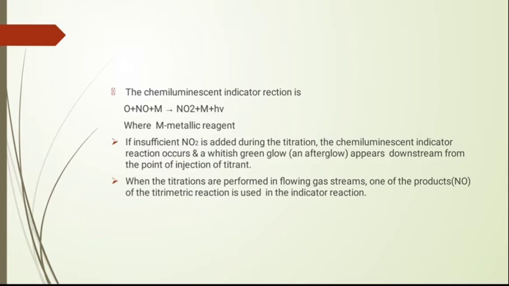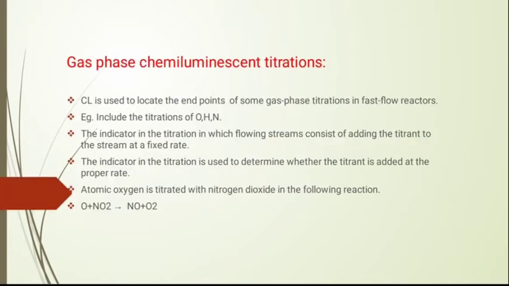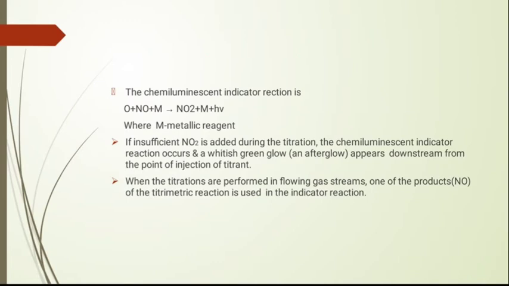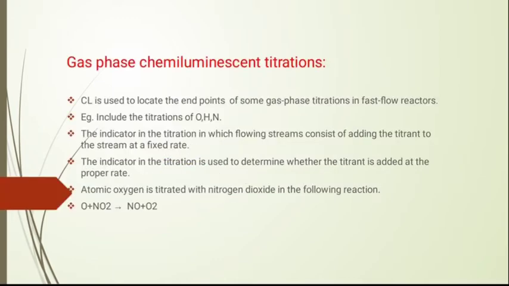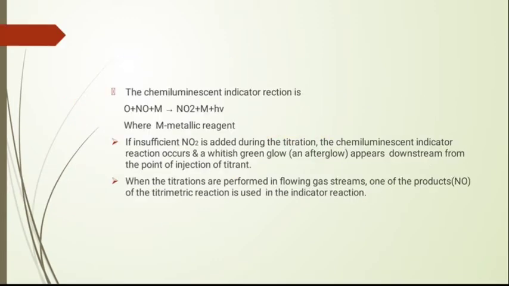If sufficient NO2 is added during the titration, the chemiluminescent indicator reaction occurs and a whitish green glow appears downstream from the point of injection of the titrant. See, initially we have taken oxygen. Oxygen is titrated with NO2, and at that time the reaction gives NO plus O2.